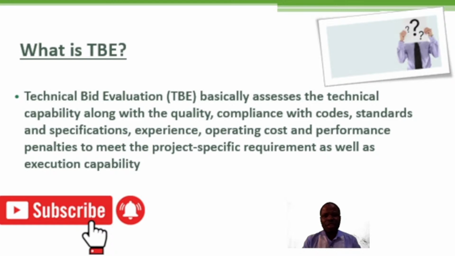So all these offers, all these bids need to be reviewed before selecting the final vendor. So that is what brought about technical bid evaluation. Before any final procurement is going to be done, you are going to carry out an activity called technical bid evaluation.